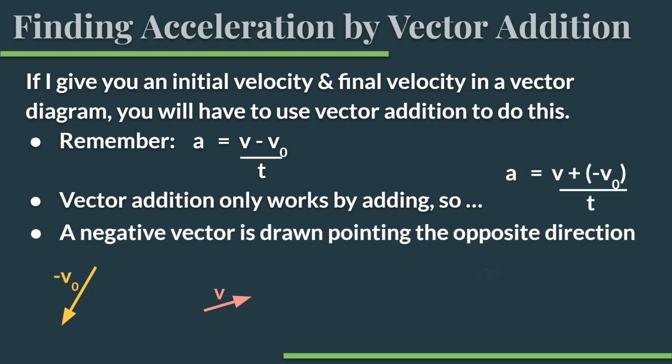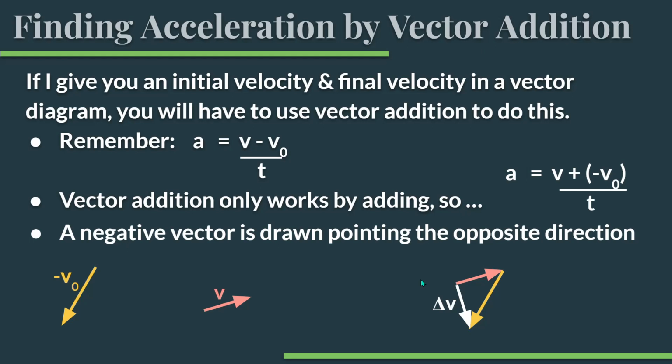And so if I want to add them, here's my vector for my final velocity, here's my vector for my initial velocity, and my resultant would represent the answer, or the change in velocity between the two, would be that right there. Again, if it was in vector form, I would use that. That would be my change in velocity.